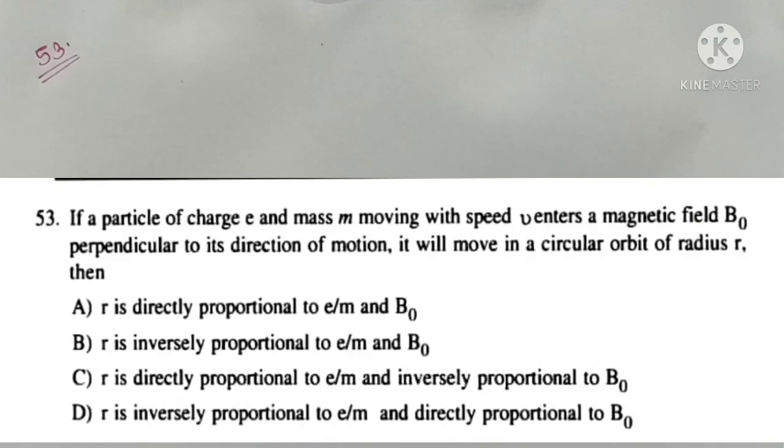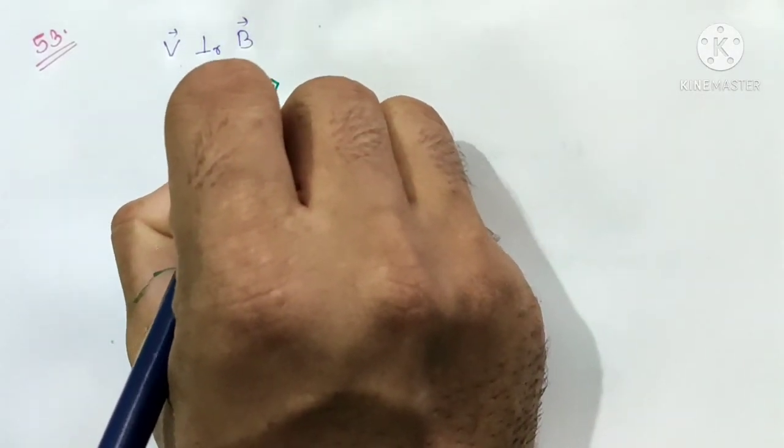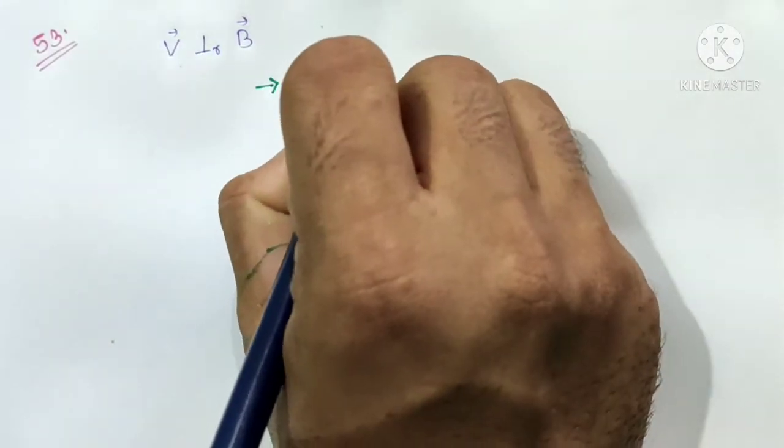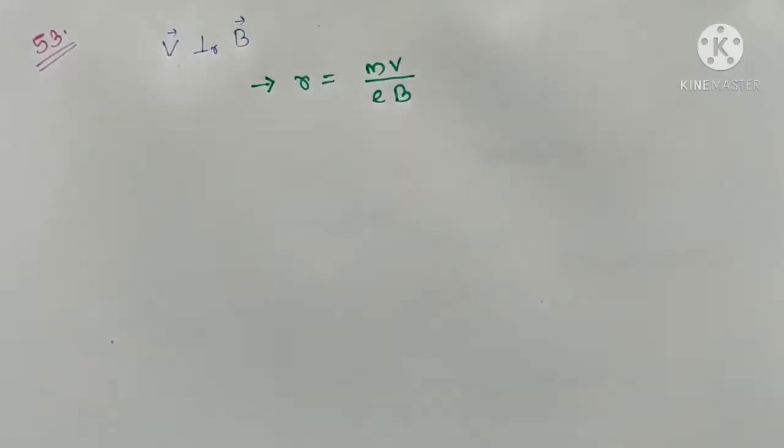Question number 53. If a particle of charge e and mass m moving with speed v enters the magnetic field B naught perpendicular to its direction of motion, it will move in a circular orbit of radius r. Then, we know when a charged particle moves in a perpendicular magnetic field, it moves in a circular path, and the radius of the circular path is given by mass into velocity over charge times magnetic field.